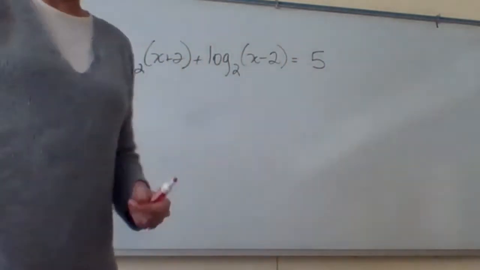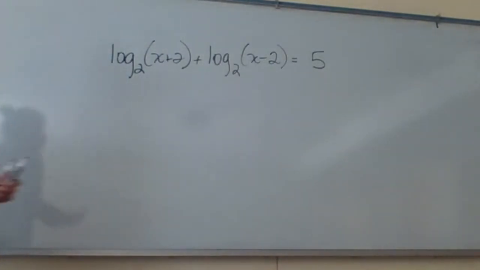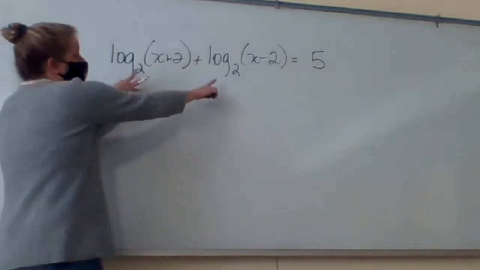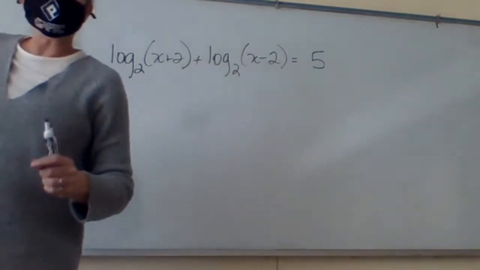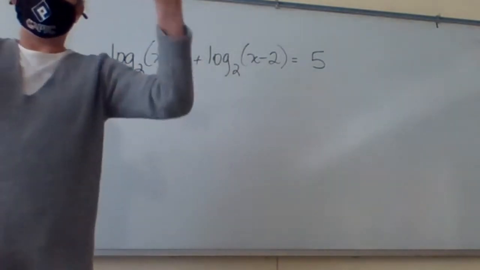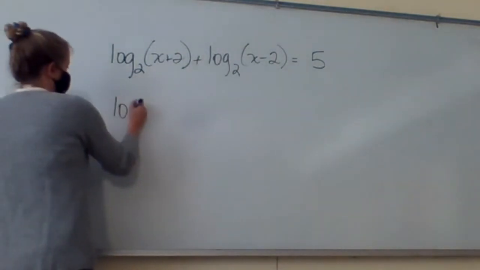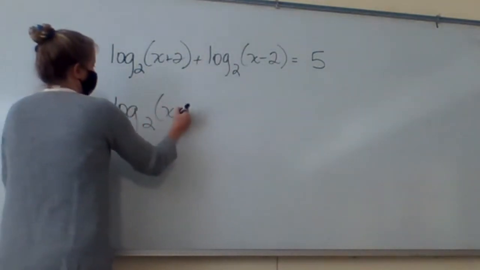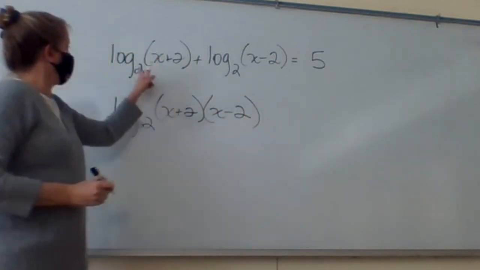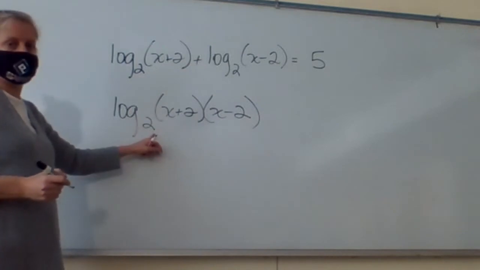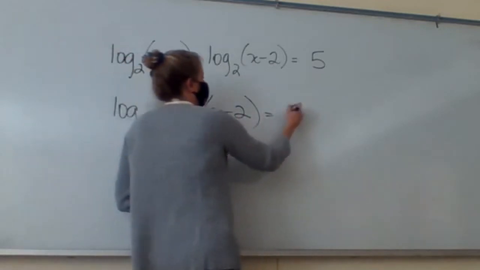On this one, I am going to simplify the left-hand side using the property of logarithms that says if you have two logs with the same base added together, you can rewrite them as one logarithm with (x + 2) and (x - 2) multiplied. So I've just rewritten this as one log base 2 with these multiplied, which still equals 5.